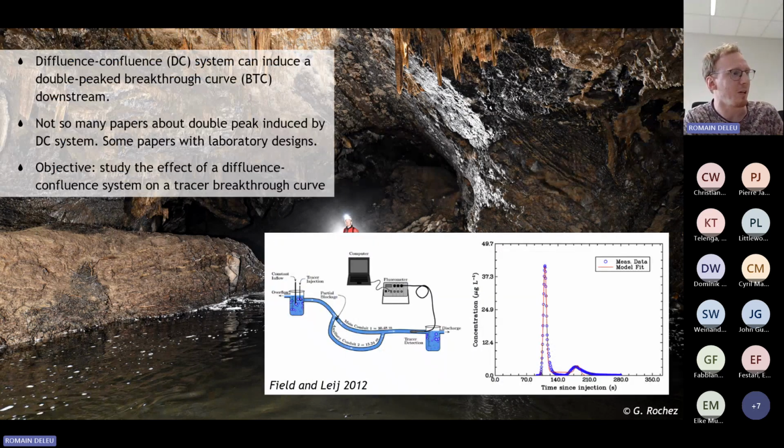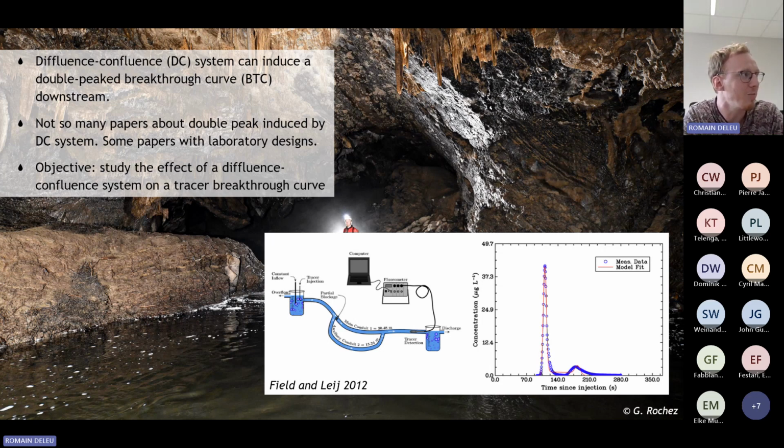So, as you may know, a diffluence-confluence system, as illustrated on the figure here, is when a river splits into 2 or more conduits and merges back at the confluence. And if you measure the tracer breakthrough curve downstream of the system, you can sometimes observe a double-peaked breakthrough curve if the conditions are right.